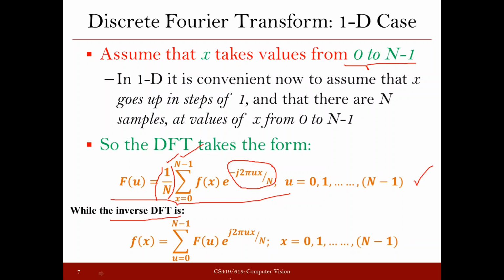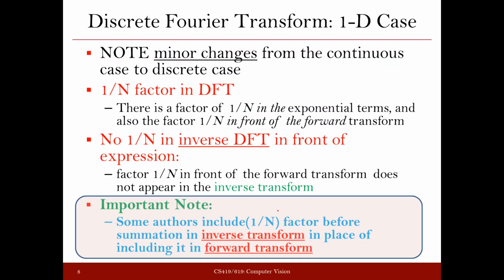Now if you see this, again you can compare this formula with the original formula, and you find that in this case the 1 by n term is not there. Only in the exponent you have the n term. So in the case of Fourier transform, you have 1 by n in front and n in the exponent too. And in the case of inverse Fourier transform, you have n only in the exponent. And I think these formulas are simple to remember.